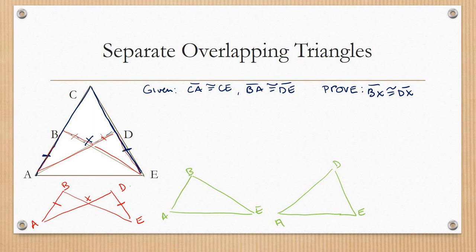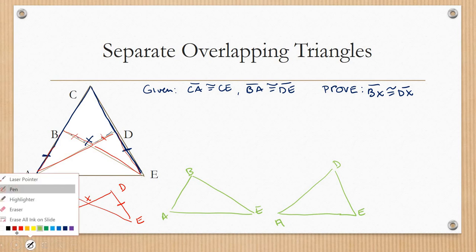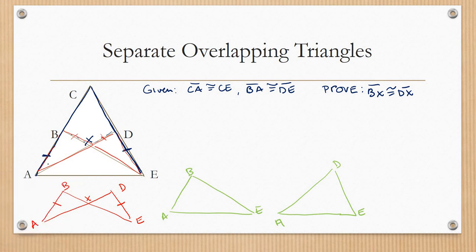Okay? So with these two triangles, I've already been given that these big sides are congruent. So let's see. Since these two big sides are congruent, I know that this is an isosceles triangle. Therefore, this angle has to be congruent to this angle. Taking these over to my separate drawings, that's these two angles.